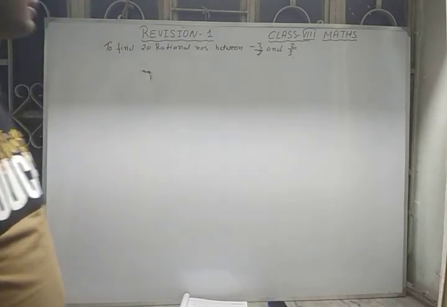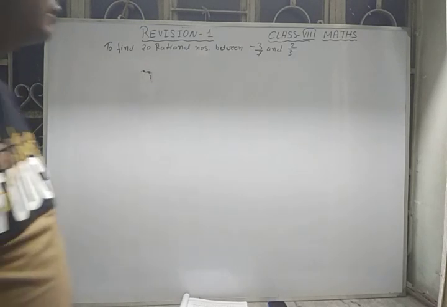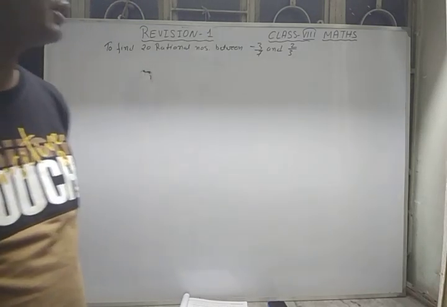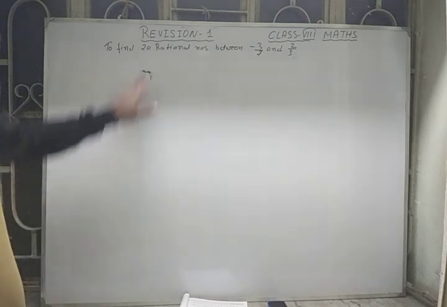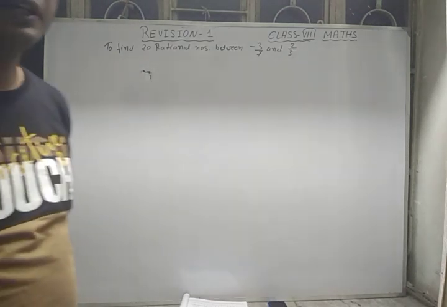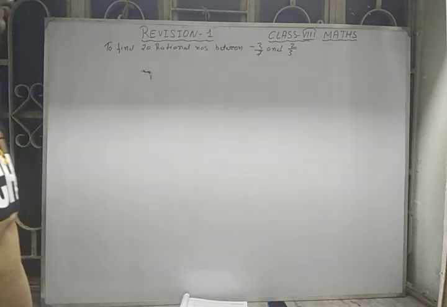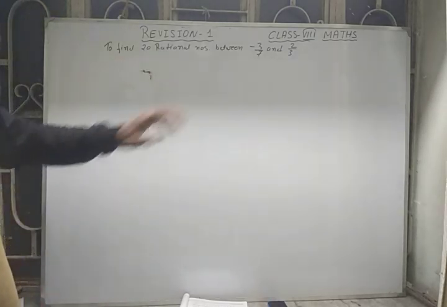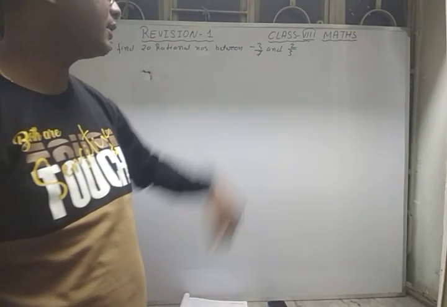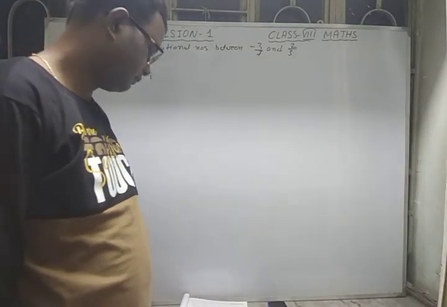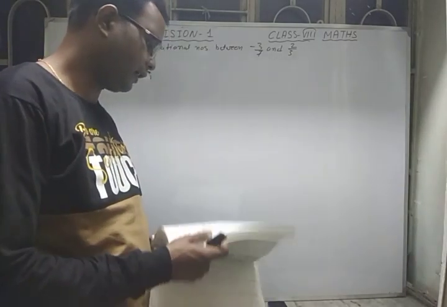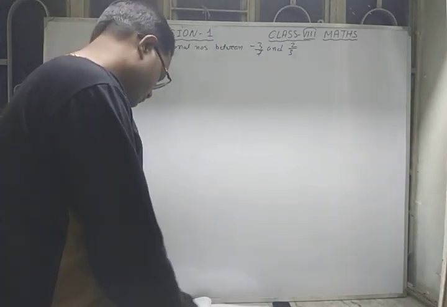And third process, if you won't get so many numbers between the two given numbers, then you have to follow the next method. Here you have to find 20 rational numbers, that means you have to multiply by 20 plus 1, 21, both numerator and denominator of these numbers. After that you can make them equivalent fractions and you can solve the question.